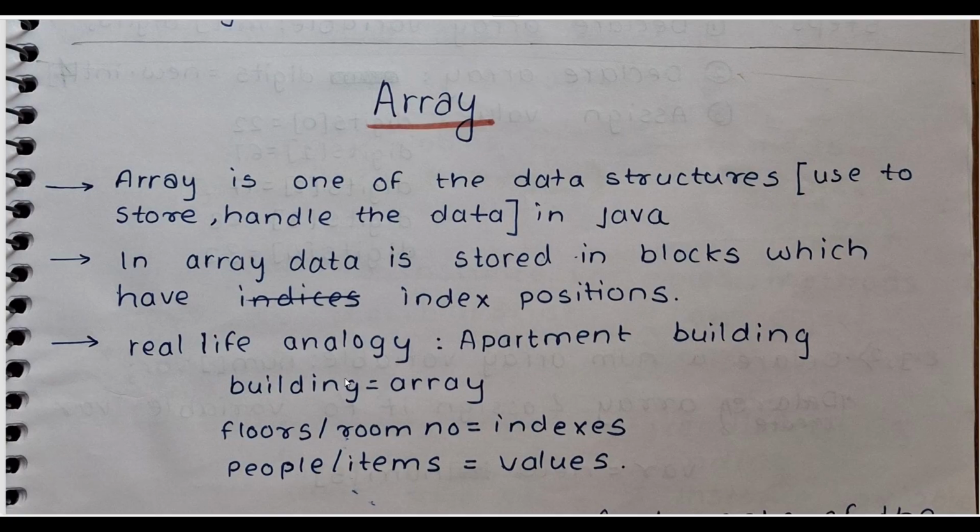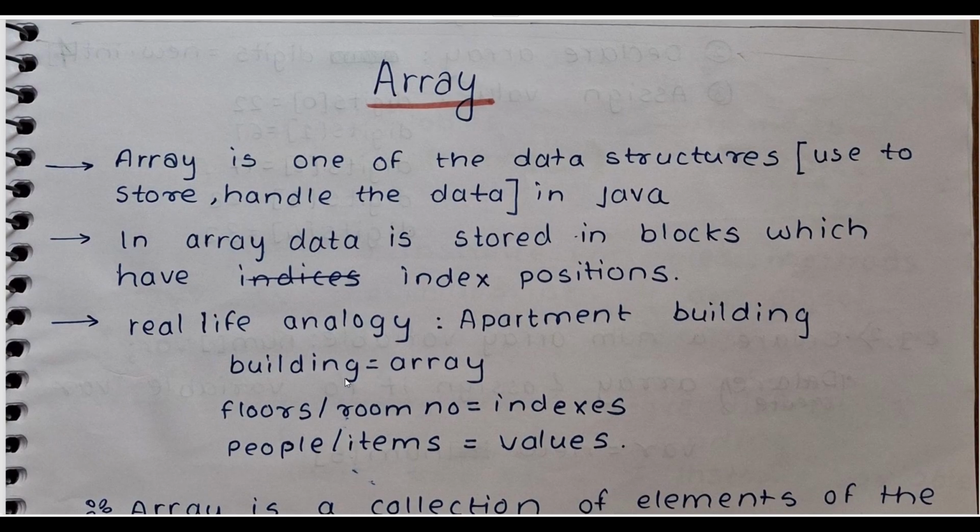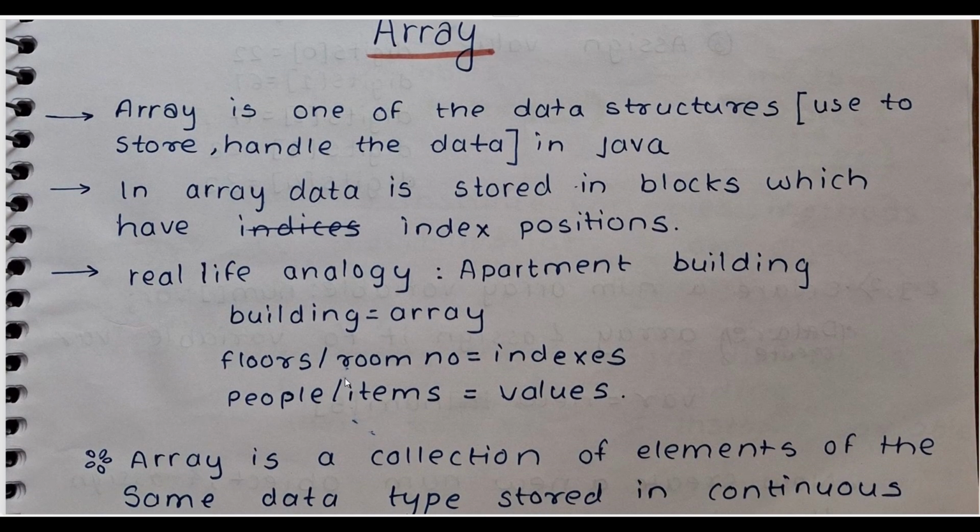Room numbers or floors are your indexes. And the people or the items living inside the rooms are your values. So, in short, an array is a collection of elements of the same data type stored in continuous memory locations and accessed using index positions.